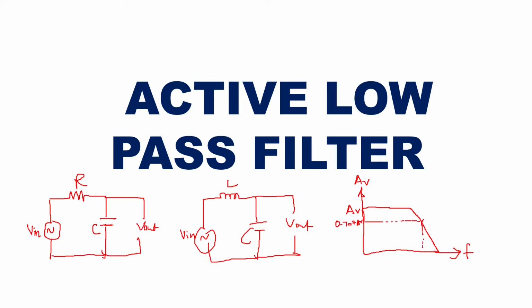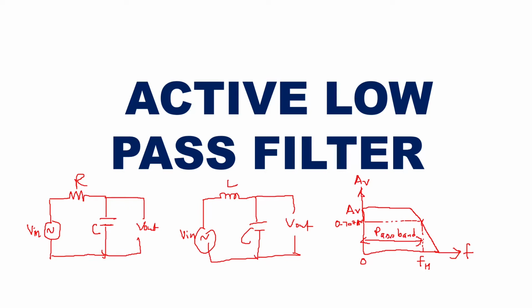That point, if you take it on the frequency axis, gives the specified frequency, which is the cutoff frequency. From 0 till that cutoff frequency, all the signals in this range will be passed by the filter. This is called the pass band.